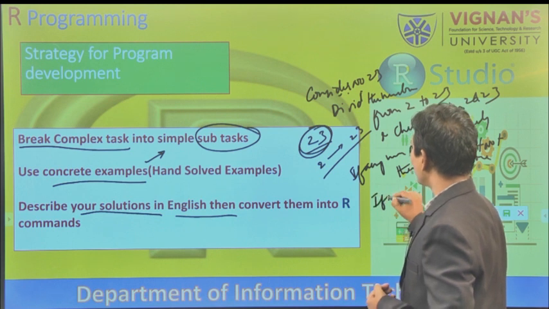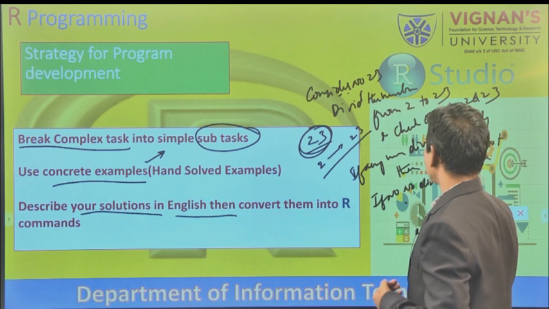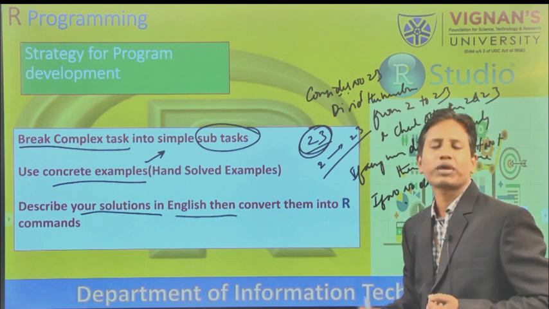If no number divides it, then we can call it prime.